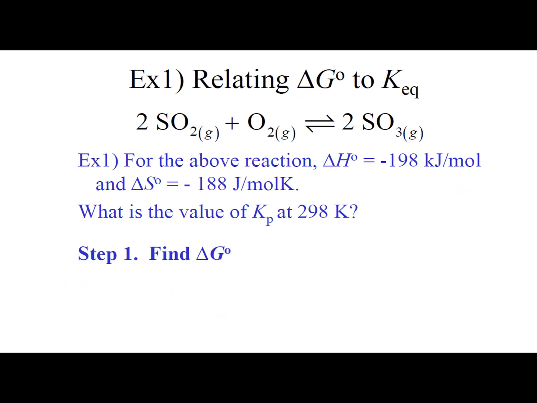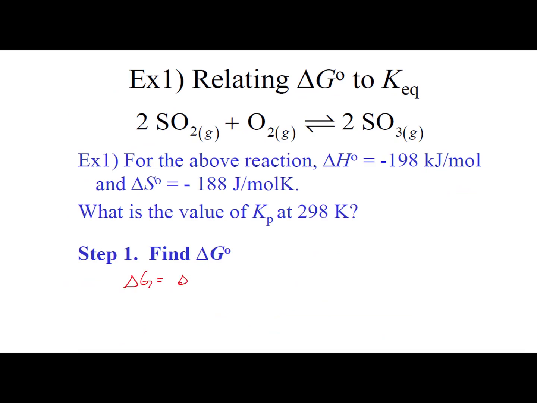This one's to relate delta G to KEQ. For the above reaction, delta H is negative 198 kilojoules per mole. Delta S is negative 188 joules per mole Kelvin. So what is the value of Kp at 298?